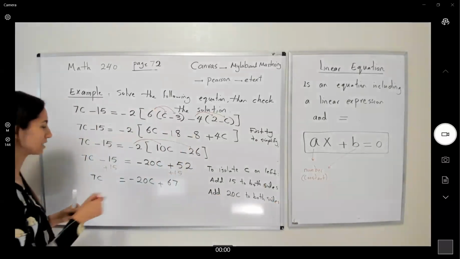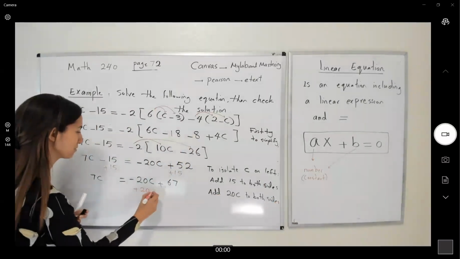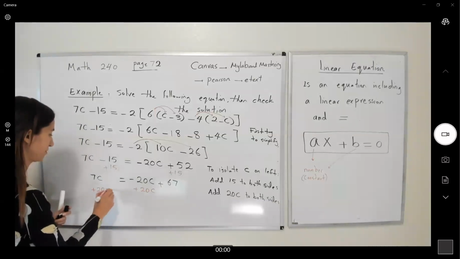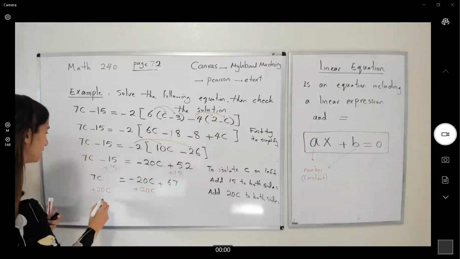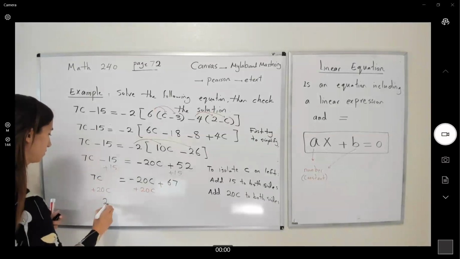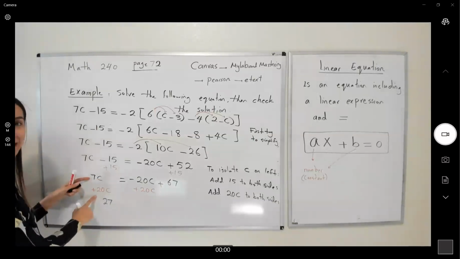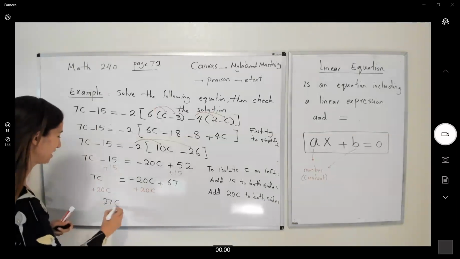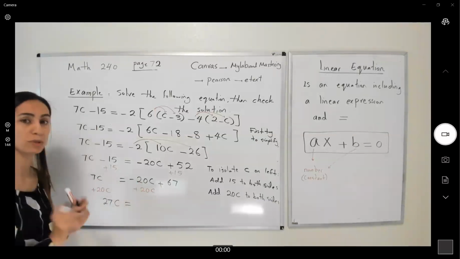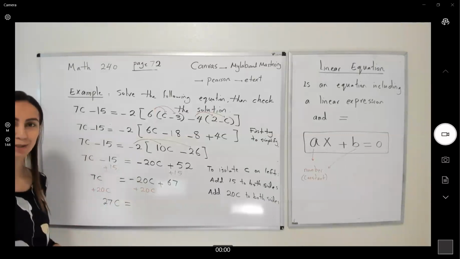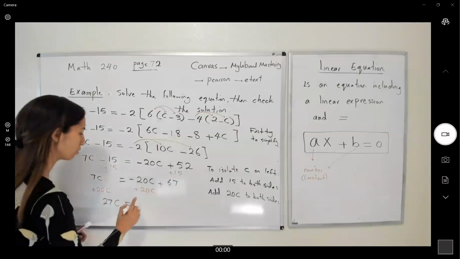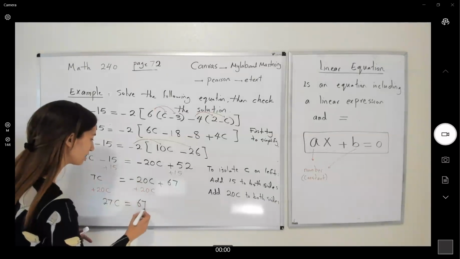By adding 20c to both sides, you get 27c, because these two are like terms and you're adding like terms, equals to, this is going to be 0. Again, let us get used to not writing 0 in the equation, equals to 67.